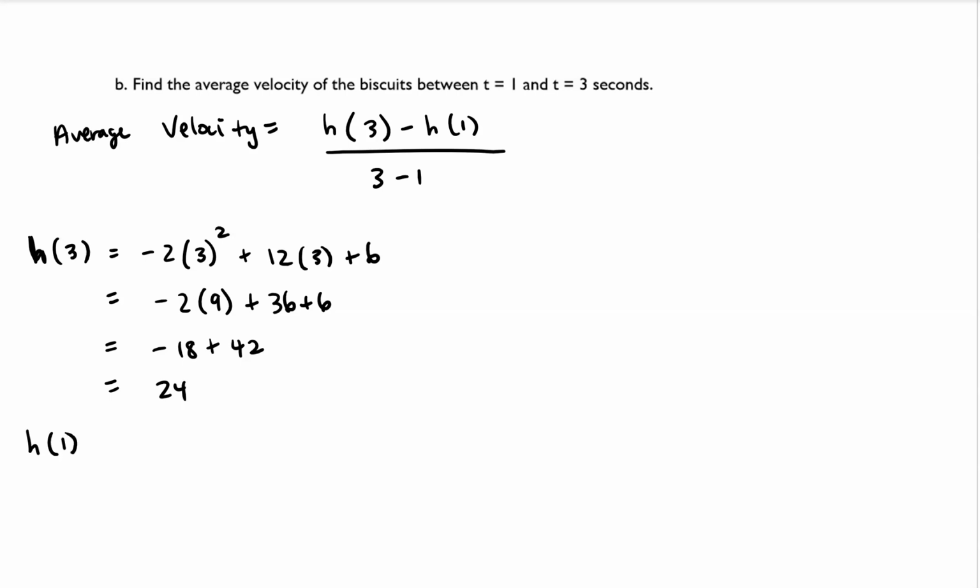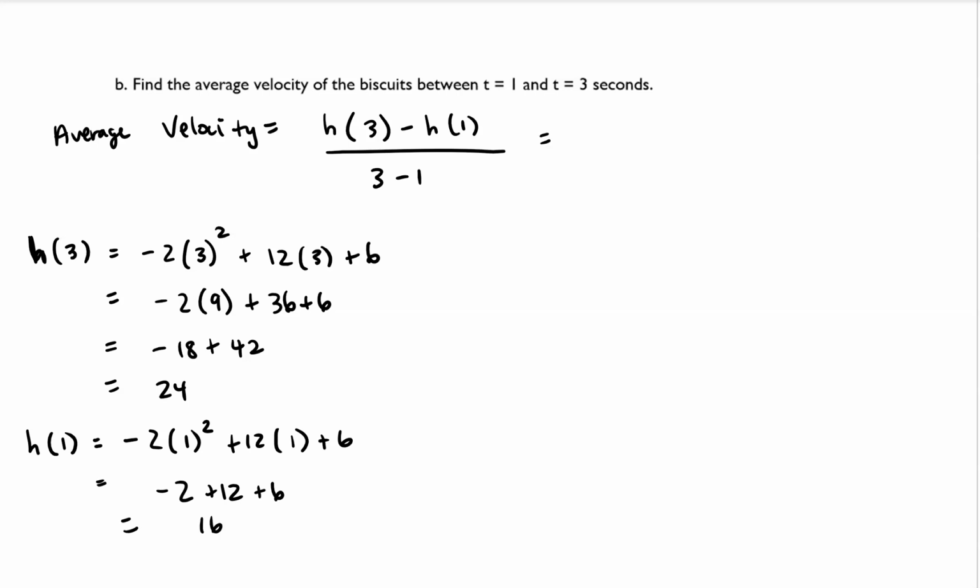And then we also want to evaluate h of 1, so that's negative 2 times 1 squared plus 12 times 1 plus 6, which equals negative 2 plus 12 plus 6, which equals 16.